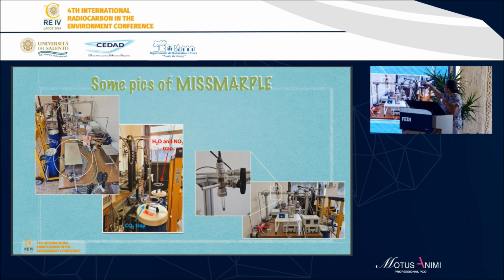Here you see some photos of Miss Marple. In the first photo, you see there the main oven, the traps consisting of the liquid nitrogen dewars, the first trap for water and nitrogen oxide, and then the trap for CO2. And here you see our small reactor optimized for about 50 micrograms of carbon samples.